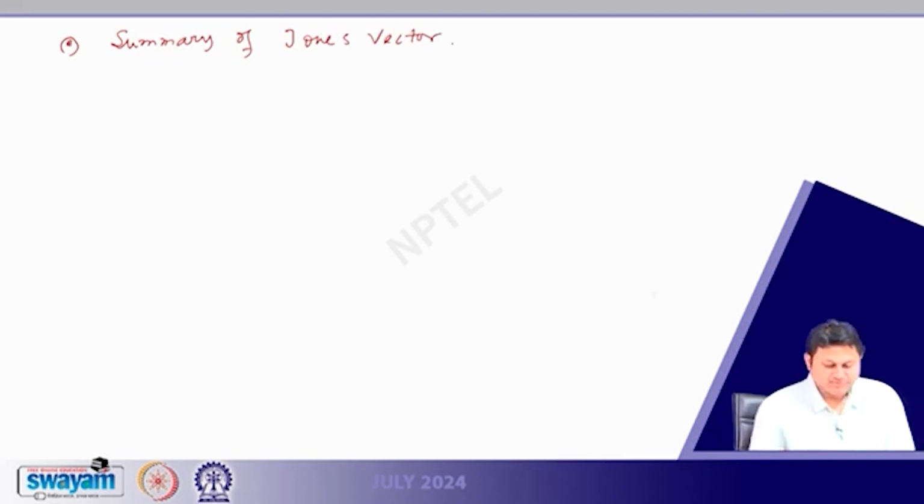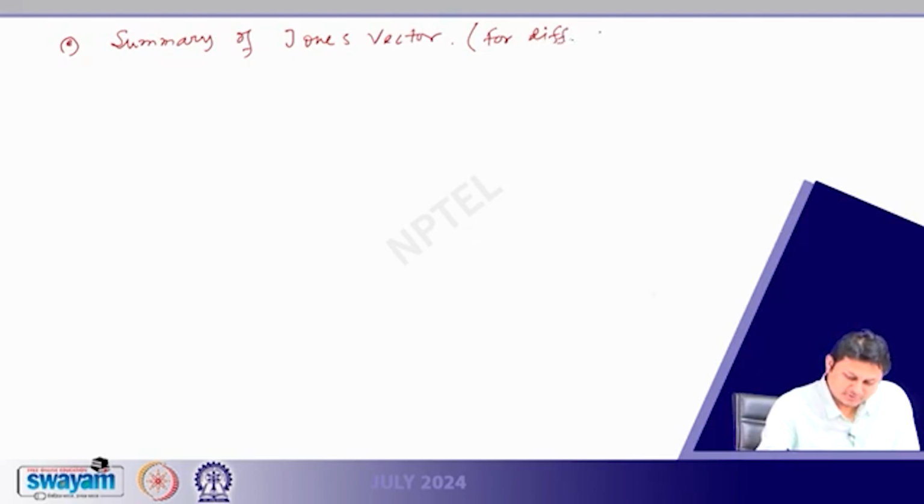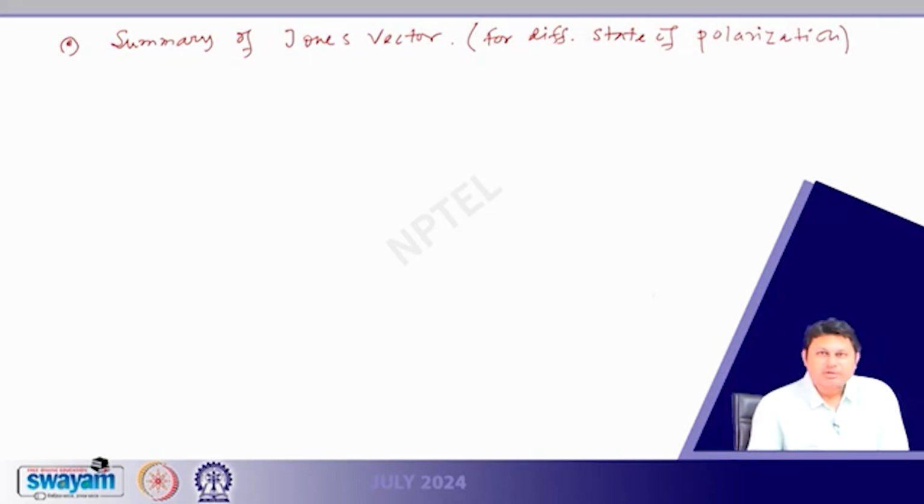These are not matrices, but vectors for different states of polarization. Now, check it.